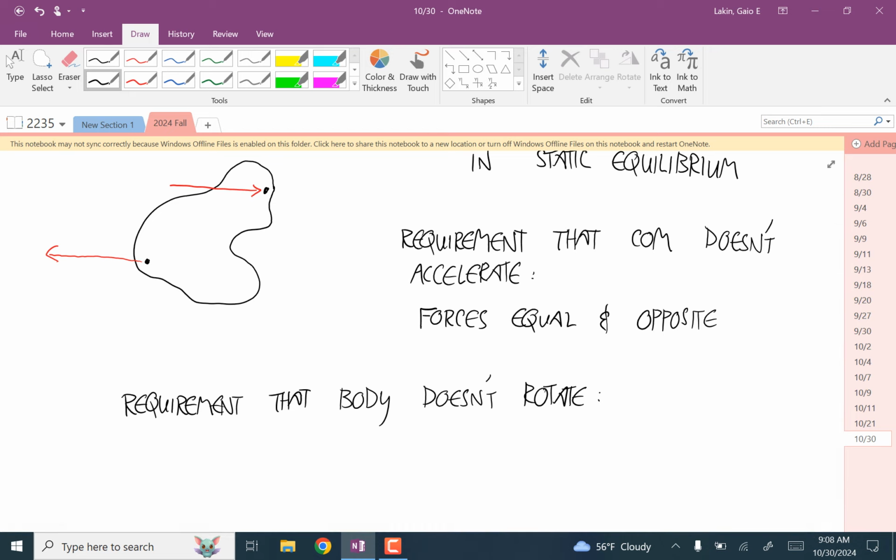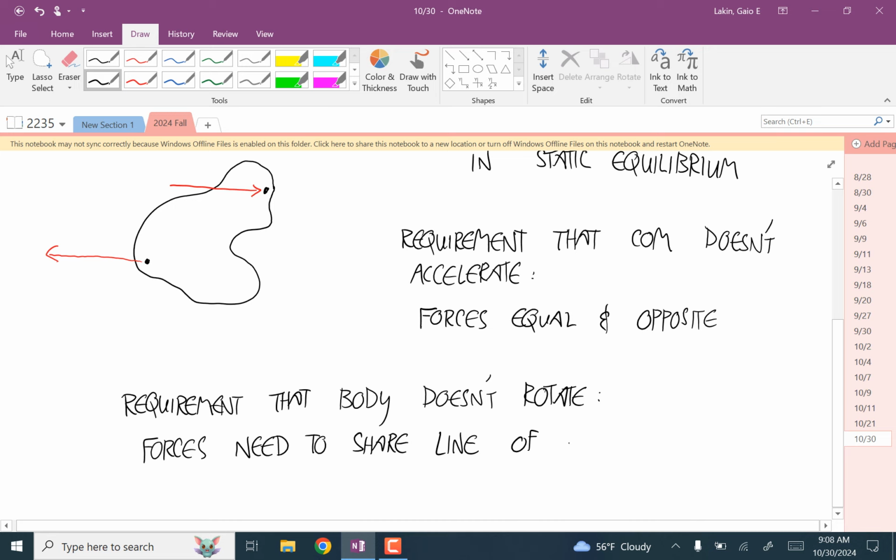And so what would it require for these two forces not to produce a couple? They need to be in line with each other. Yeah, they need to share a line of action. So the forces need to share a line of action. So there are only two possibilities.